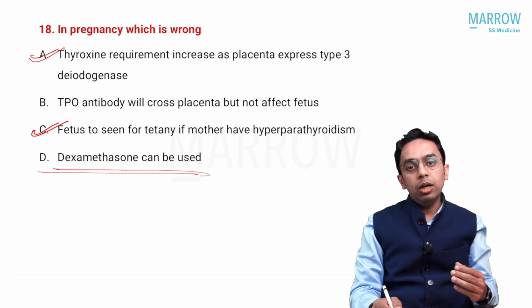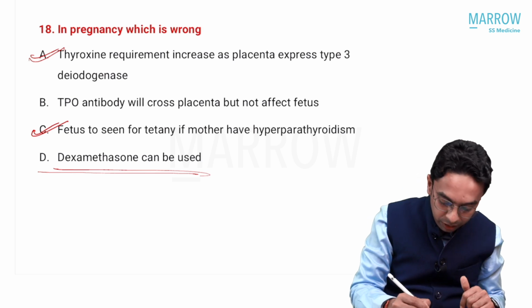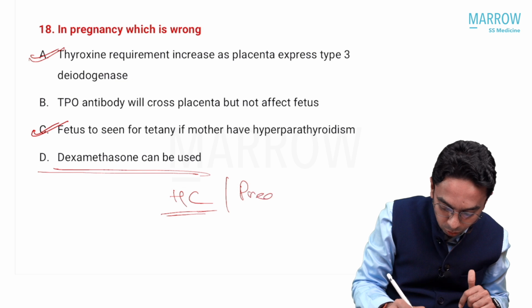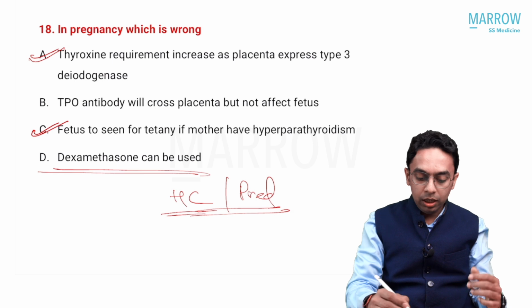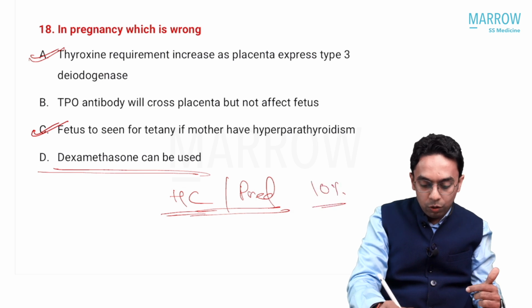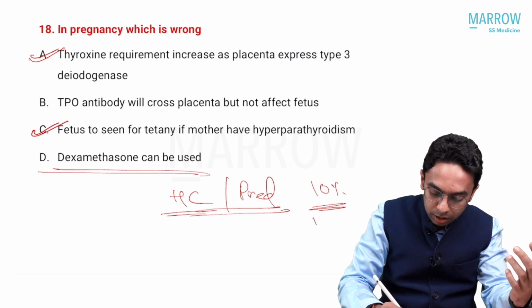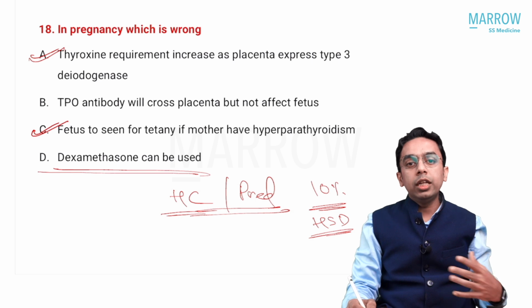mother. If a mother has some autoimmune condition and you want to give steroid, then you have to give the mother hydrocortisone or prednisolone, because this would be inactivated by the placenta and only 10% would reach the baby, the fetus. It would be inactivated by HSD, hydroxysteroid dehydrogenase.